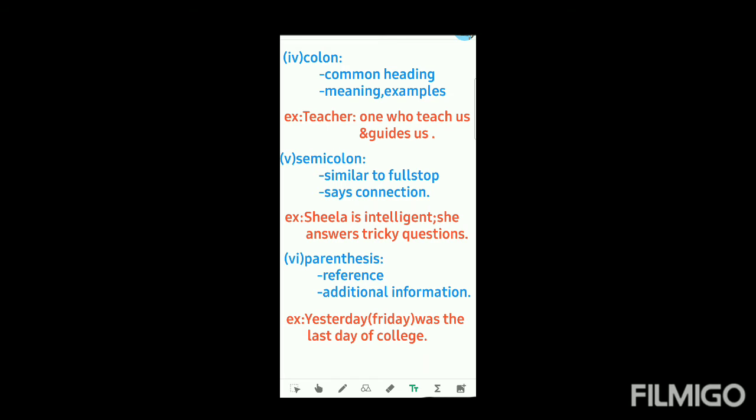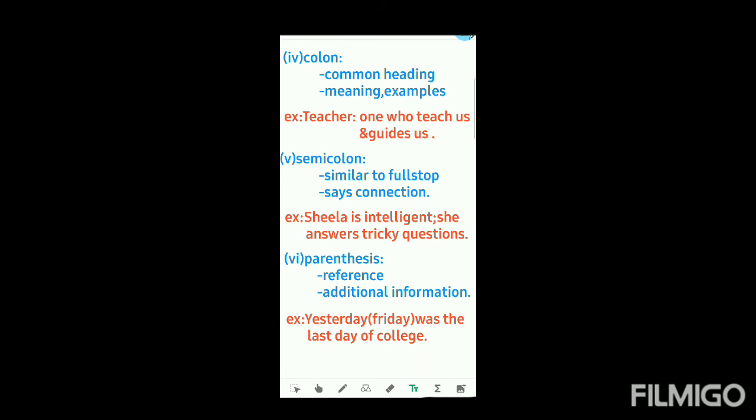So this says that you are giving the definition or the example, or even it could be the meaning of your heading. So this instance will make you clear. I have given the definition of a teacher, who's very important to us in our life. So teacher, after that I have used colon because I'm going to describe the definition of teacher after this word.